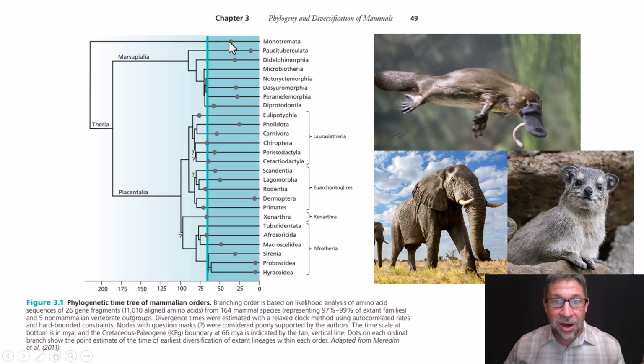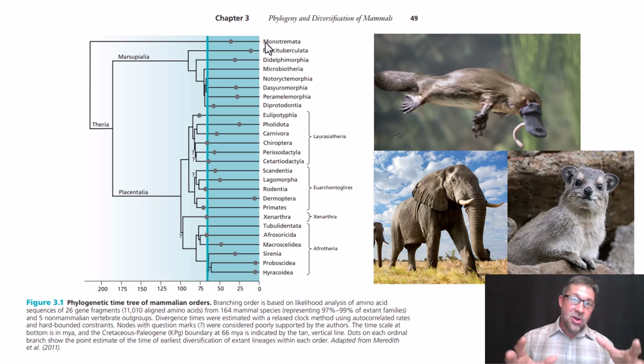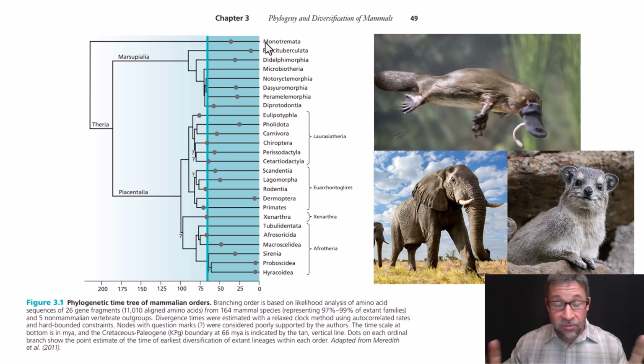These are the monotremes. So this is a very deep split in the mammals, so it probably occurred 200 or more million years ago. But the monotremes, the only extant ones left, are the duck-billed platypus and the echidna. And these are very, very unique mammals because they lay eggs among a whole other host of really crazy characteristics.